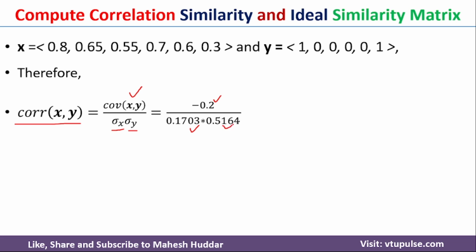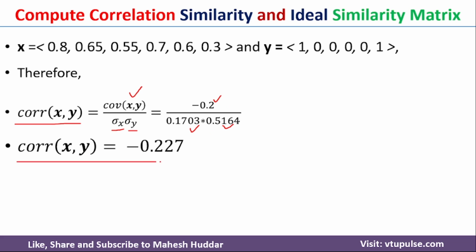Once you put in all those values and solve the equation, you will get the correlation between x and y as minus 0.227 in this case. So in this video, I have discussed what is a similarity matrix, what is an ideal similarity matrix, and how to find the ideal similarity matrix given a similarity matrix. Finally, we have calculated the correlation between the similarity matrix as well as the ideal similarity matrix.